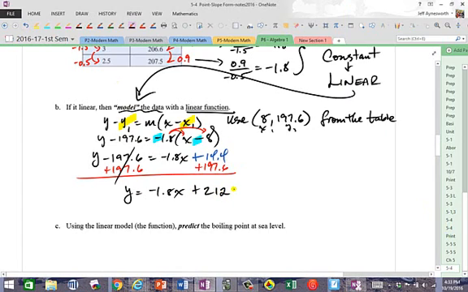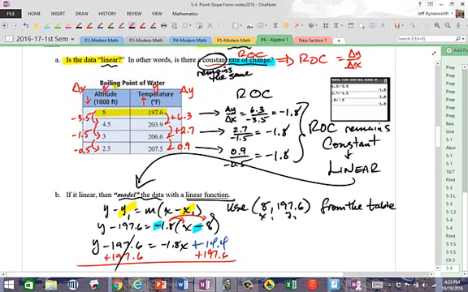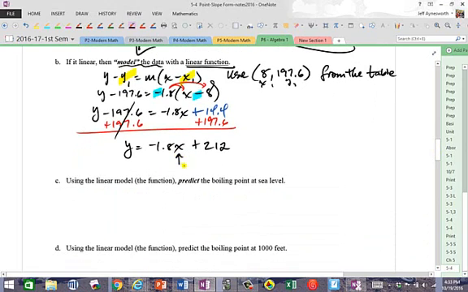So once you get this right here, you have to understand in the table that the x values relate to altitude, and the y values relate to temperature. So this is altitude, and this is temperature. Remember that. Okay, altitude and temperature.